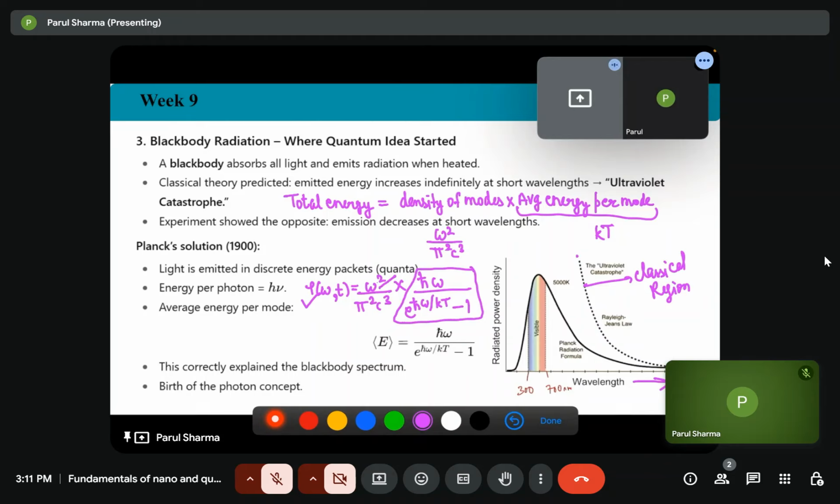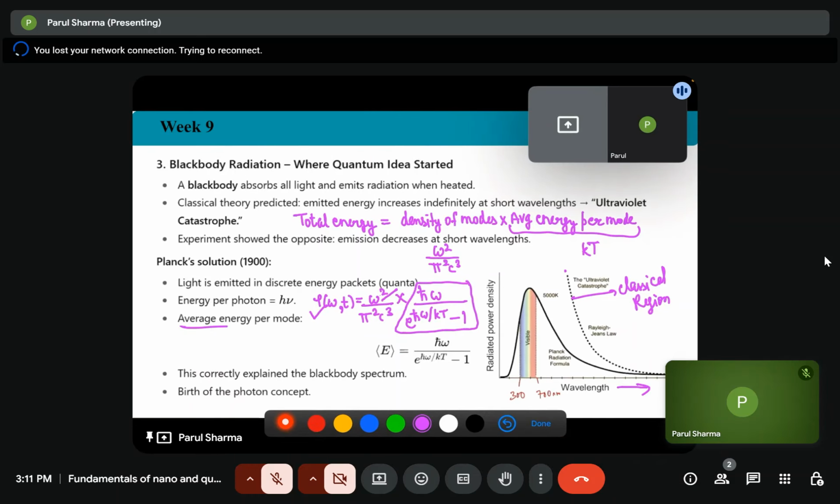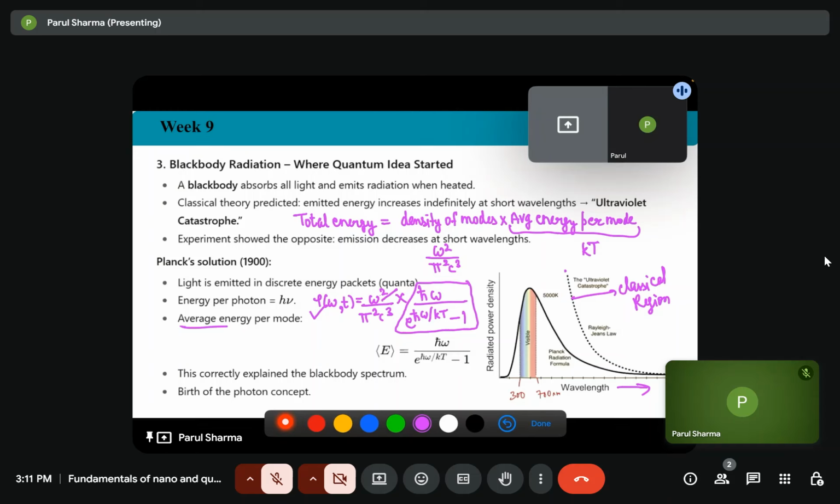So this average energy reduces at higher frequency. By considering this, it correctly explains the black body spectrum.